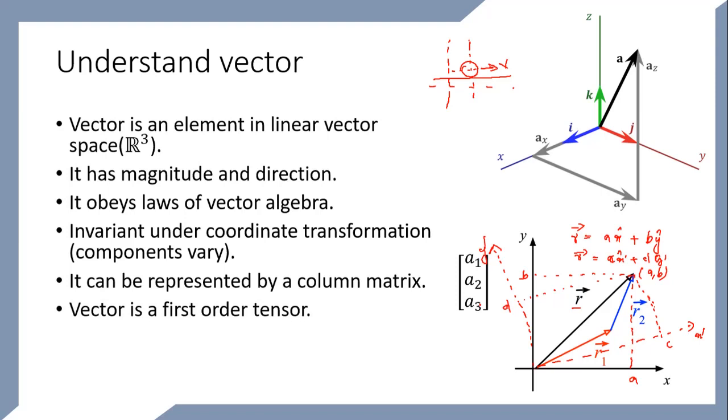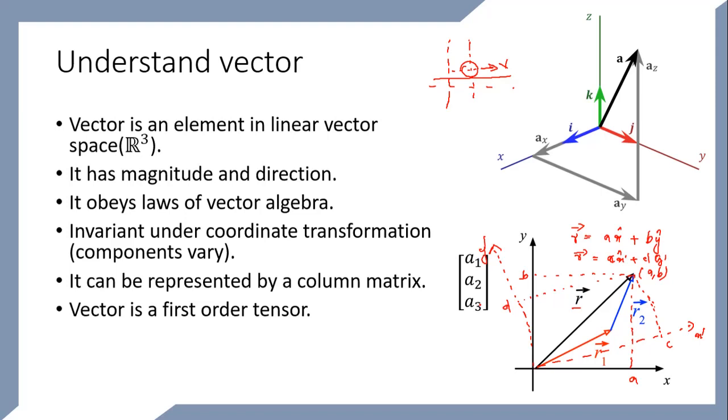A vector is a first order tensor. So a vector is nothing but a first order tensor. We will learn about order in the coming days. For the time being, let's realize that a component of a vector can be represented with only one element.